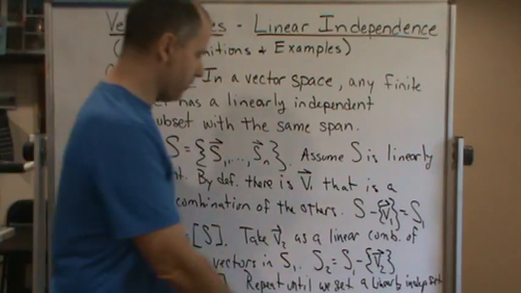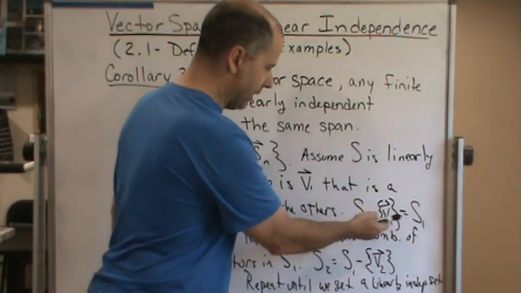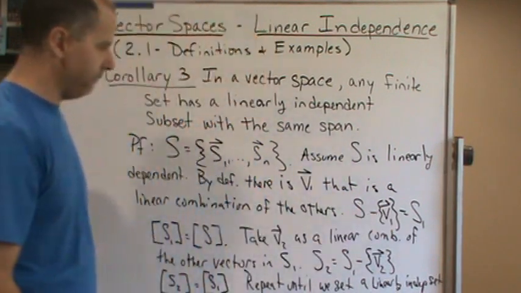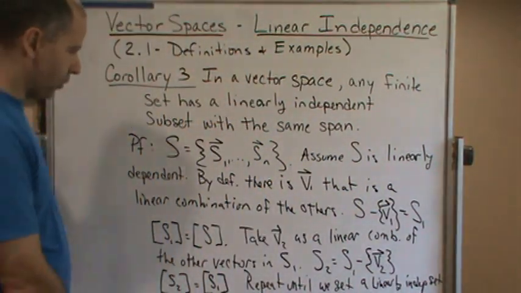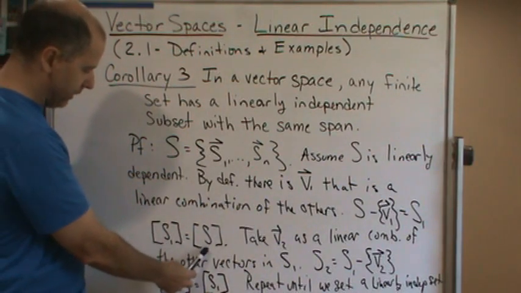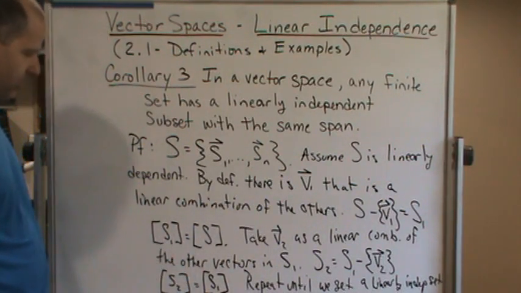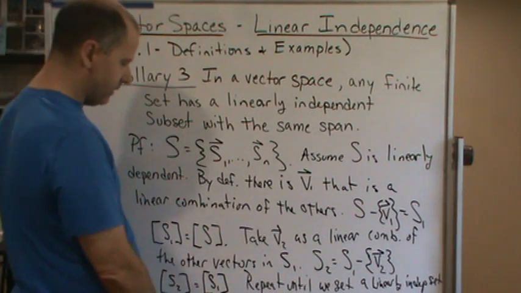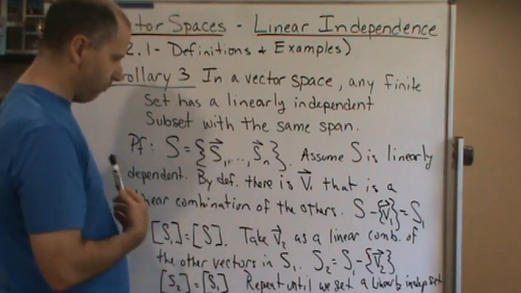Then we define S1 as S minus the singleton set V1, and we know by corollary 2 that the span of these two sets is the same.